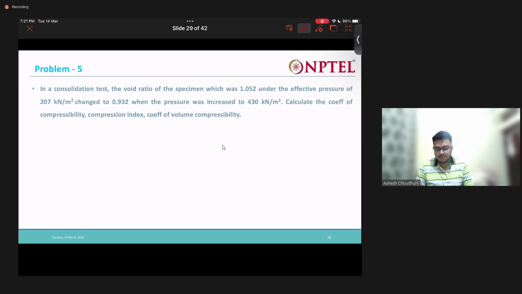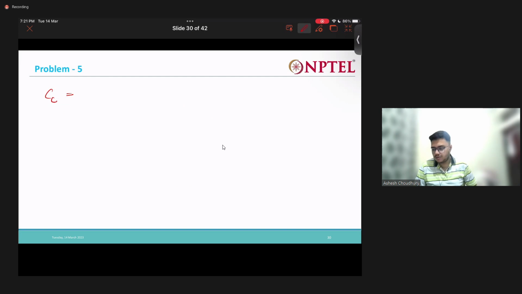Now compression index is also a slope of some graph. So this is the slope of which plot?